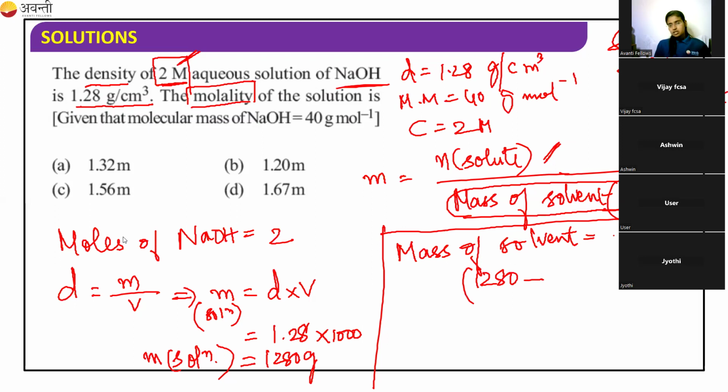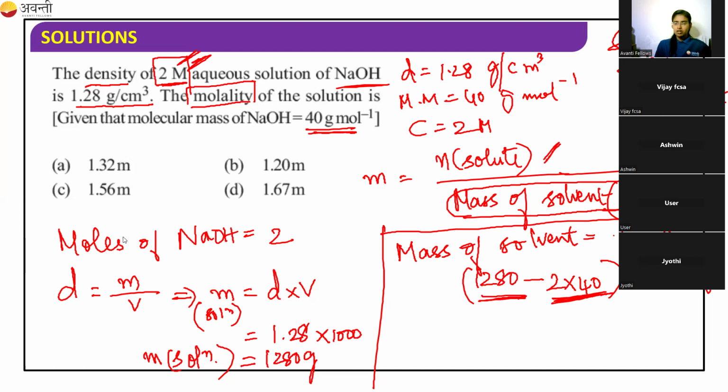Sodium hydroxide. Its molar mass is 40 gram per mole, and we have a 2 molar solution, so the mass of the solute is 2 into 40. Subtracting these two, we get 1200 gram, which is equal to 1.2 kilogram.